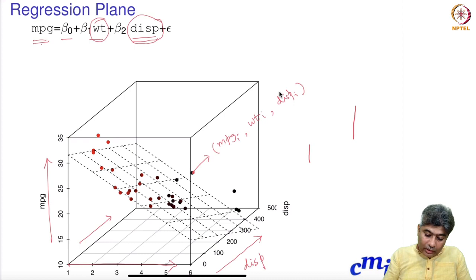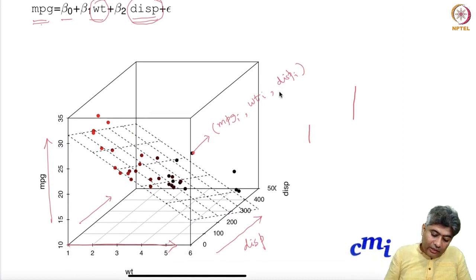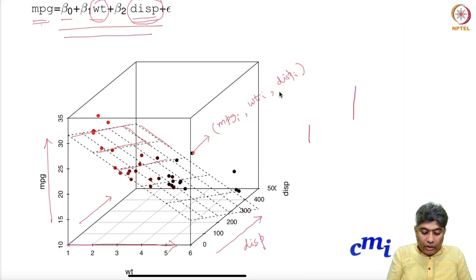That means the entire geometry is in the third dimension, and in that space we are trying to fit this model. This model is actually fitting a regression plane, or simply a 2D plane.